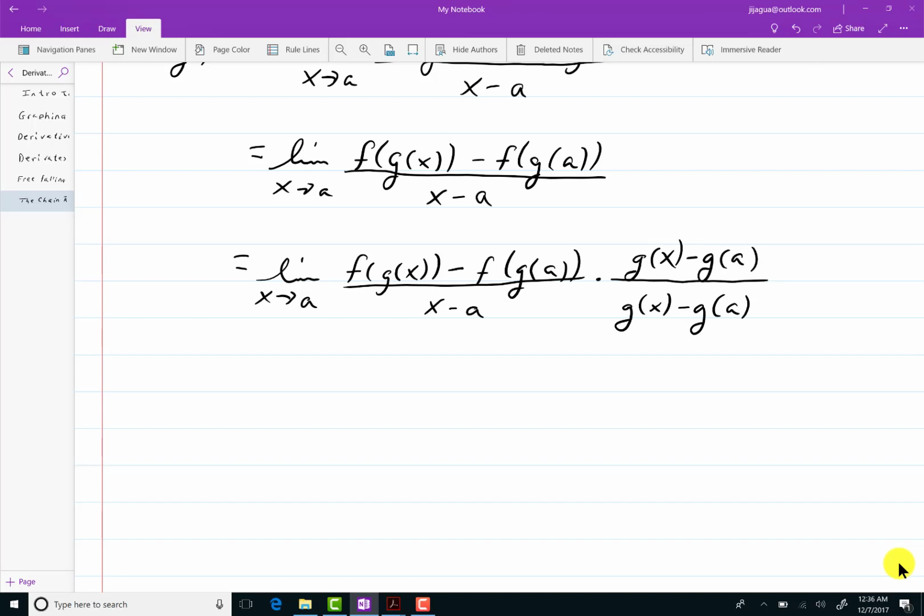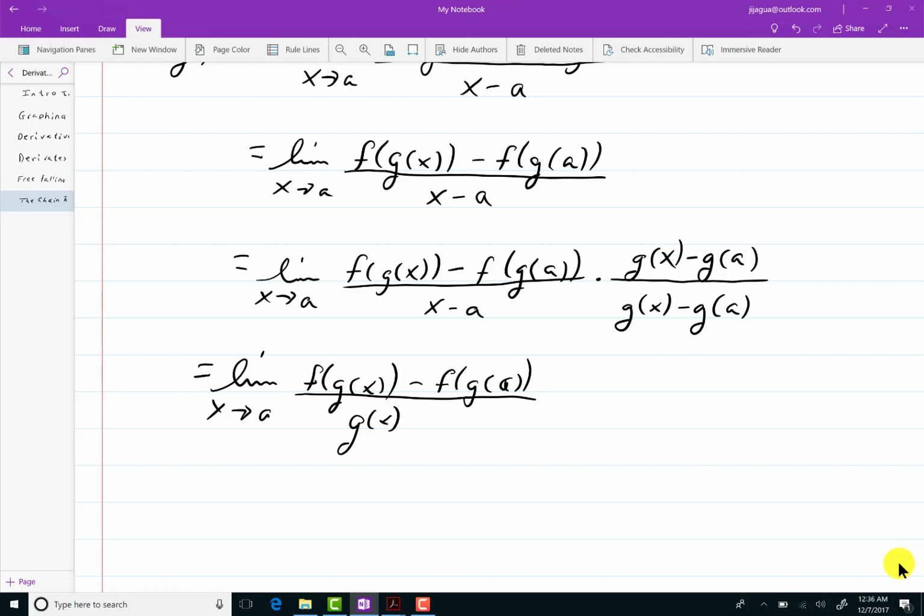And then rearrange things and have f of g of x minus f of g of a over g of x minus g of a times g of x minus g of a all over x minus a.